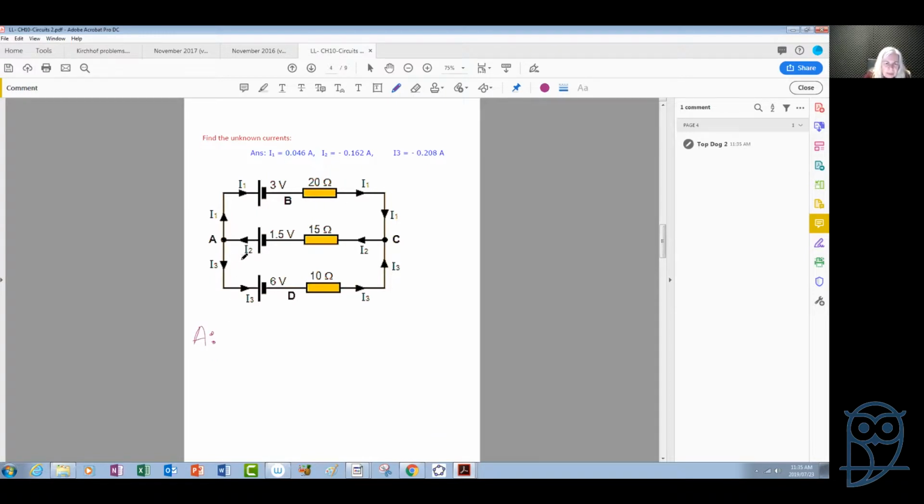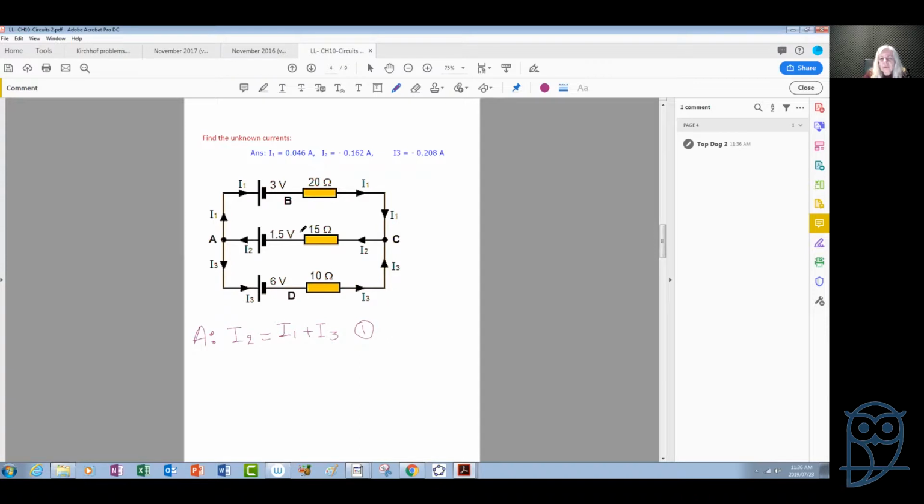I2 is in, I1 and I3 are out. So I2, which is the in, must equal the sum of I1 plus I3. So this is our first equation. We need another two equations. If we apply it for junction C, it's the same equation, we get nothing new.